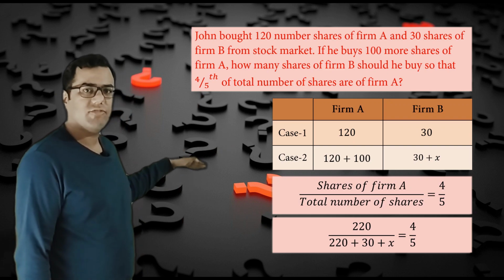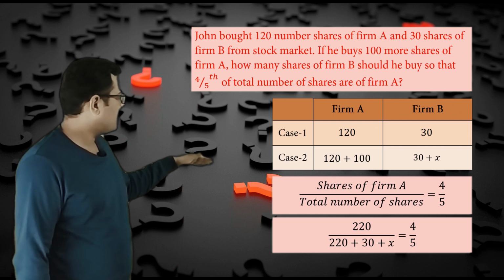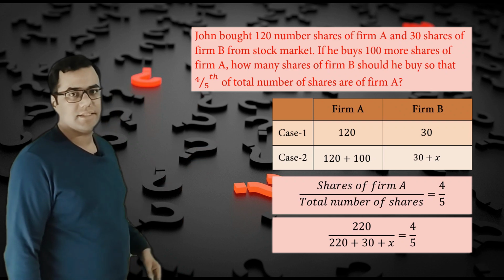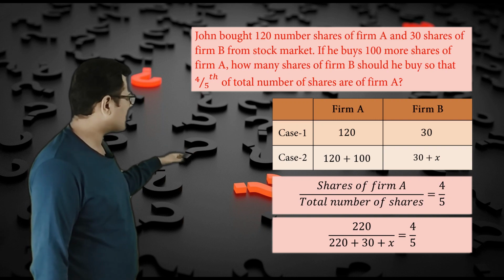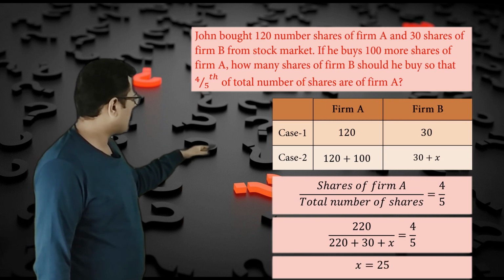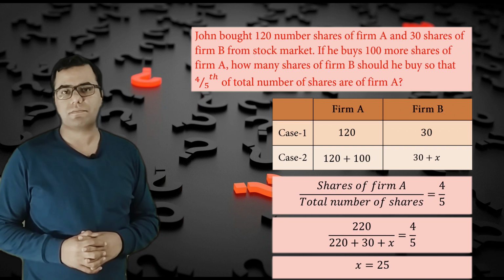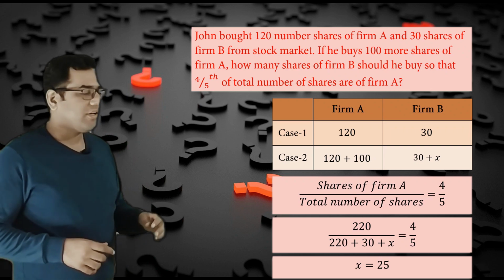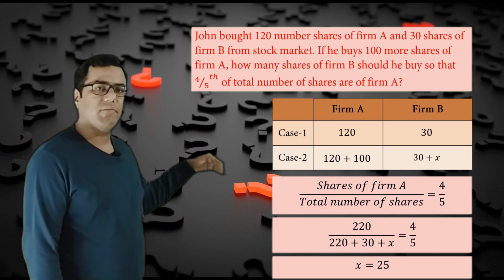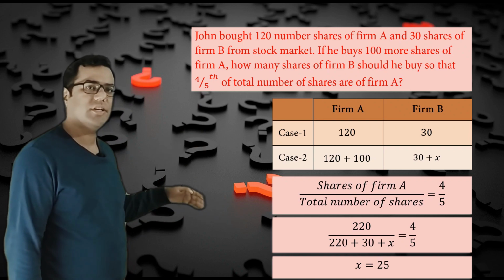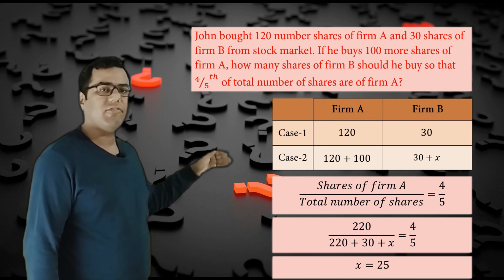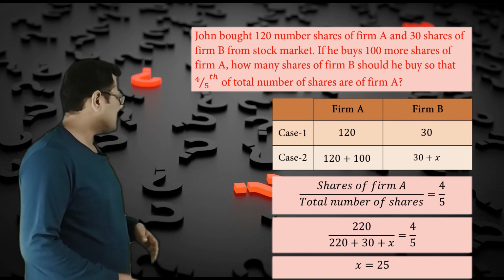Now you have the equation with one unknown X, and you can solve this. Once you solve it through a calculator, the value of X comes out to be 25. So if he buys 25 more shares, the share of firm A to the total number of shares becomes 4/5. So the next problem.